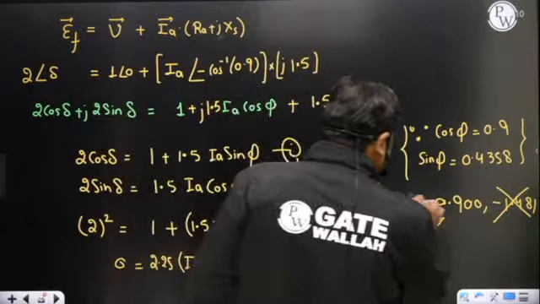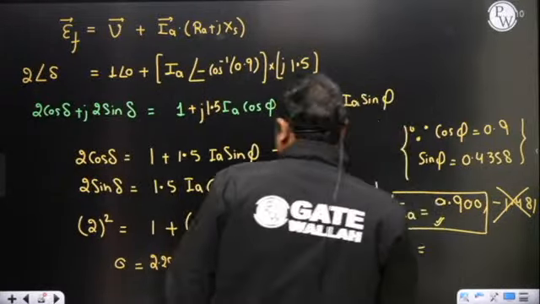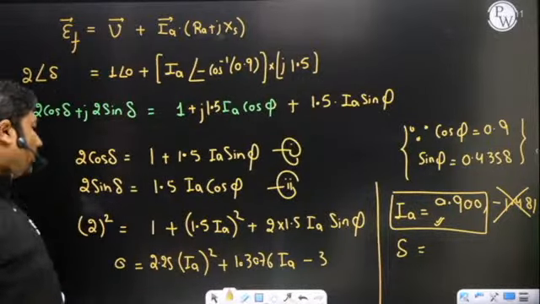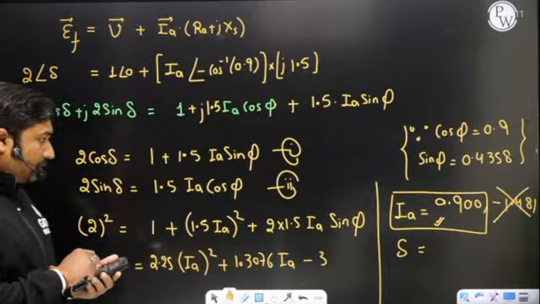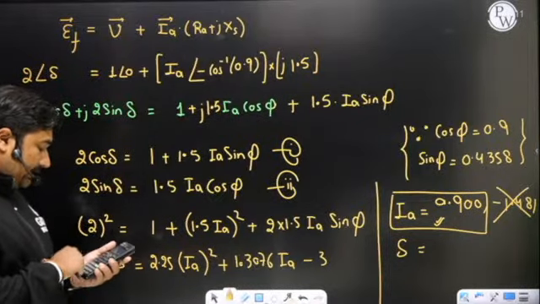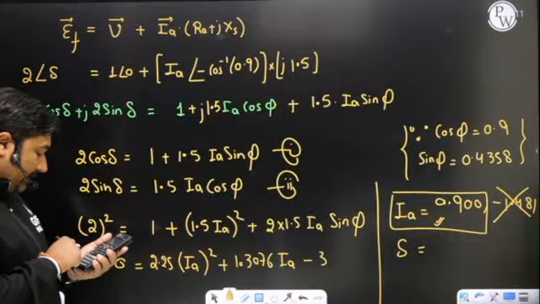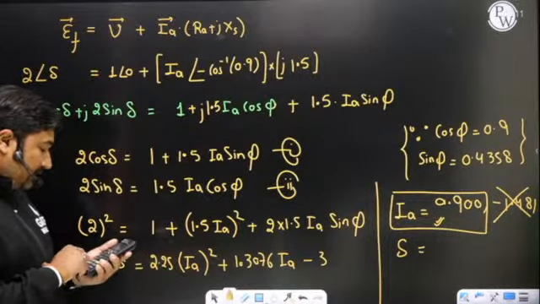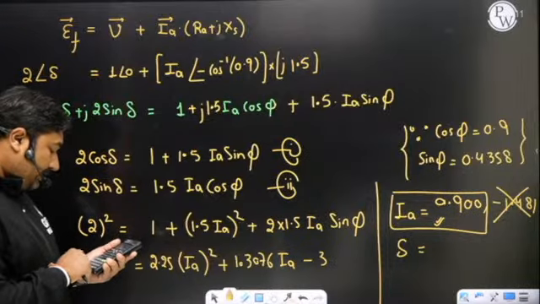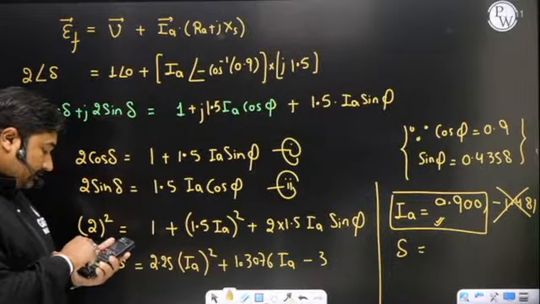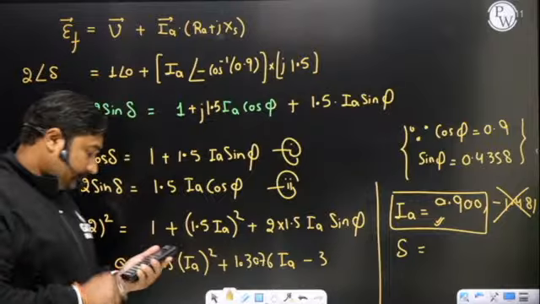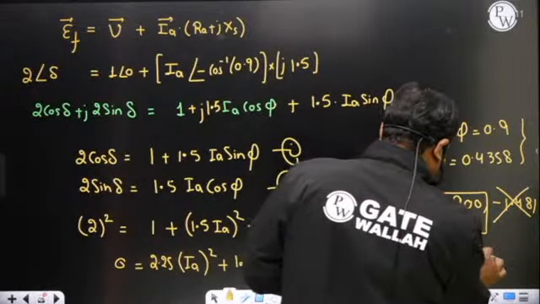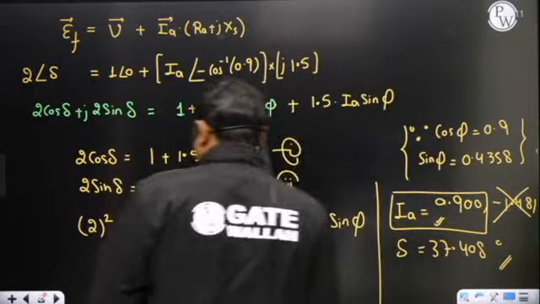Once we have IA, we can put it in either equation 1 or equation 2 to find delta. From equation 2, 1.5 into 0.9 into cos phi, 0.9, divided by 2, sine inverse. So delta is 37.408 degrees.